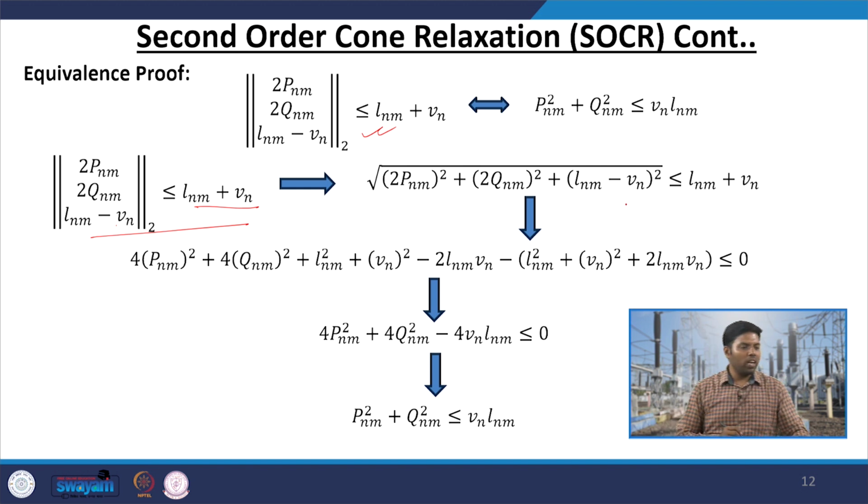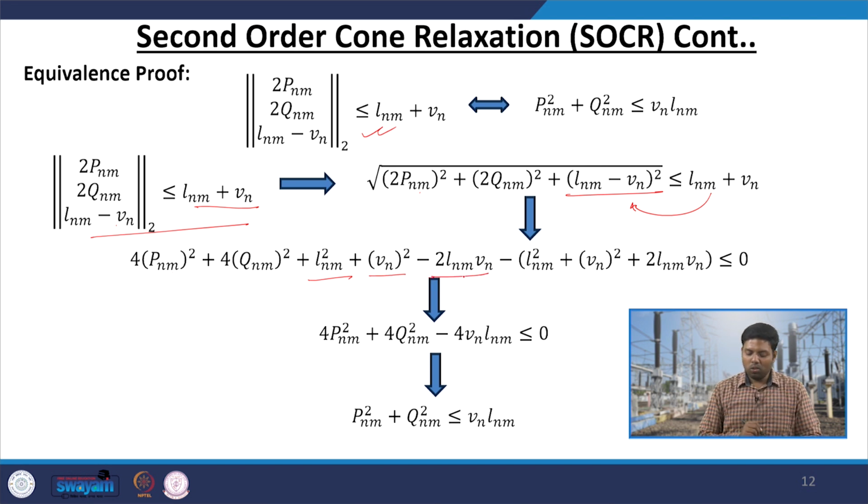Now take square at both the sides and bring the right hand side to the left hand side. So you have 4 PNM square plus 4 QNM square, then this will become LNM square plus VN square minus 2 LNM VN, and this will become LNM square VN square plus 2 LNM whole of negative, that is less than equals to 0.